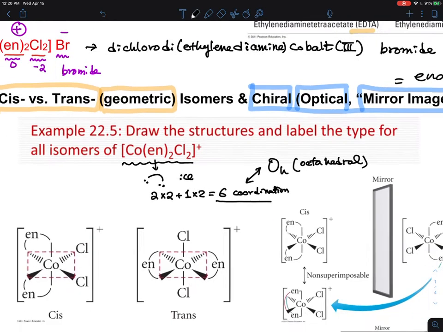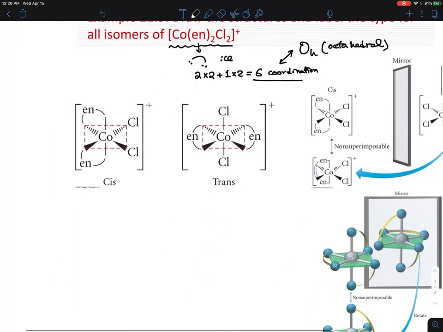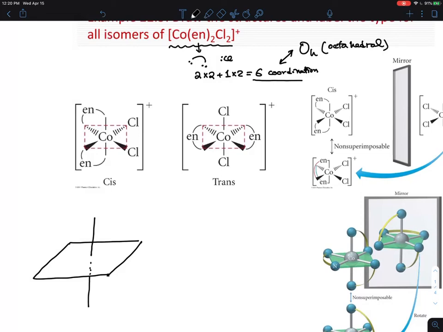Okay, so now I'm going to draw the octahedral one more time using this diagram. I'm drawing on a piece of paper like here, and there are things going up and things coming down.